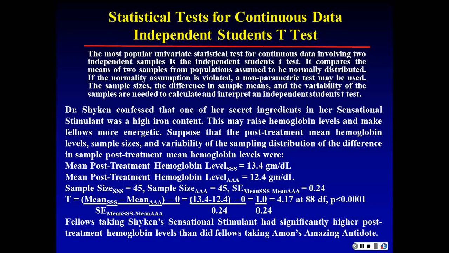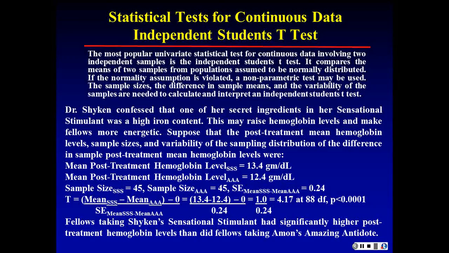The best way to think about this is, suppose that you had an infinite number of fellows that took Dr. Scheiken's potion and an infinite number of fellows that took Dr. Ramon's potion. And then you took 45 fellows from each group. You calculate the mean hemoglobin level from each group.